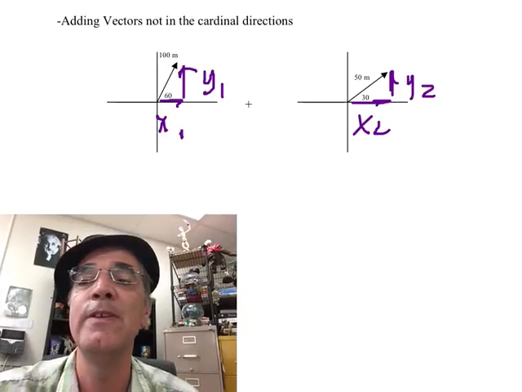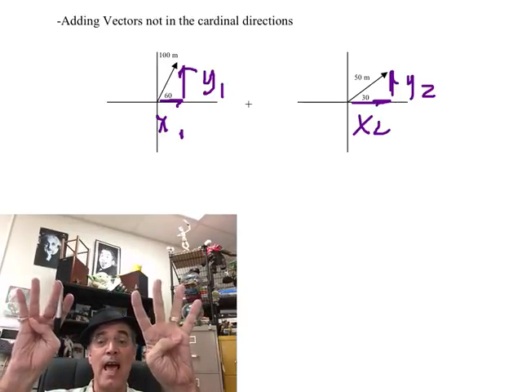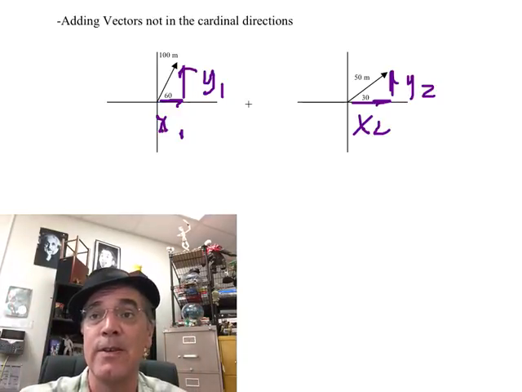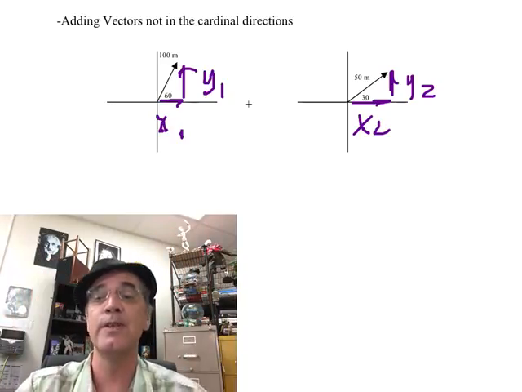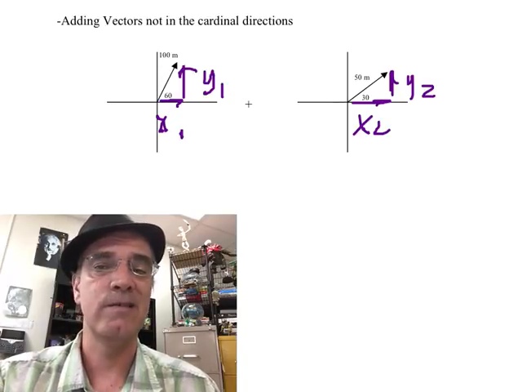I can get rid of the two vectors that I can't really add and get four vectors that I know how to add. Because I know I can add these two x's together pretty easily because they're in the same direction. These two y's together, they're in the same direction. And then once I get my two totals, I can put them back together the way I know how to do with vectors. Let's go ahead and do that.